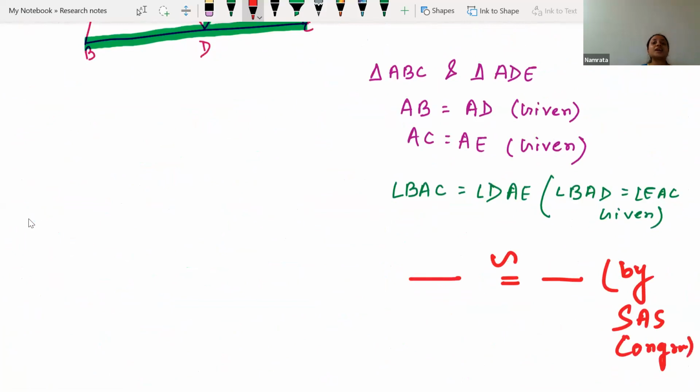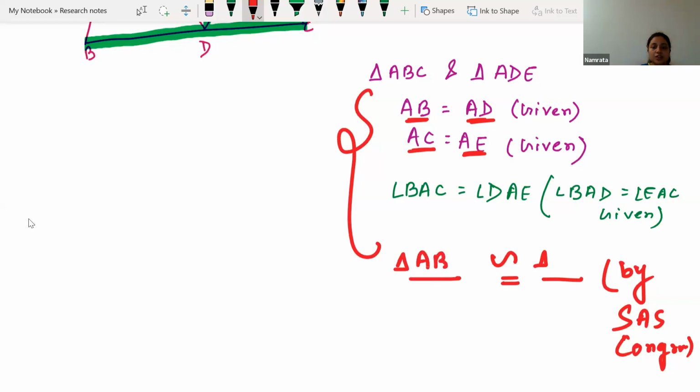But which triangle and which triangle? Here the name is not given. We have to write the name by ourselves, right? So we will look at the information which we have listed down. The information is AB over here is equals to AD over here. AC over here is equals to AE over there. So if I write AB over here is equals to AD over there, AC, AE.